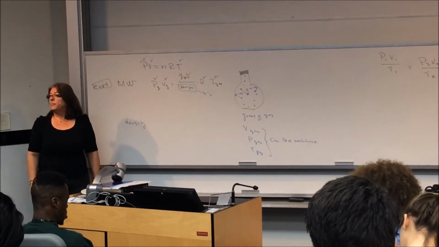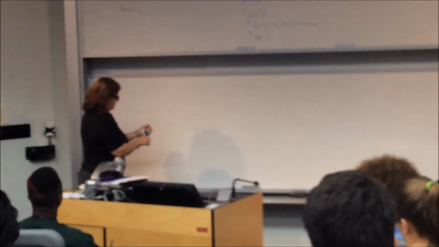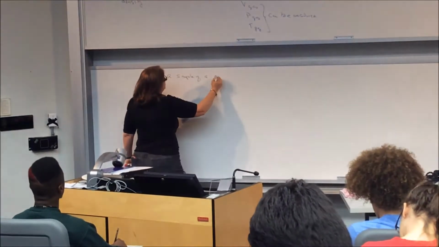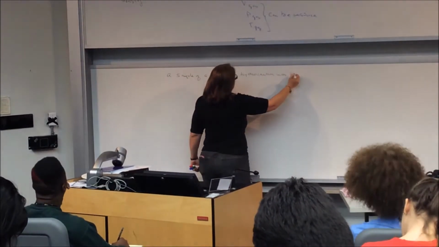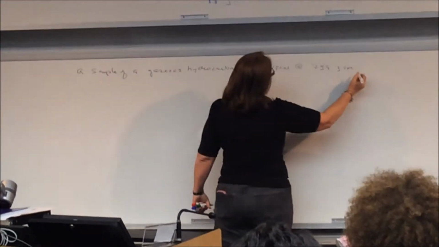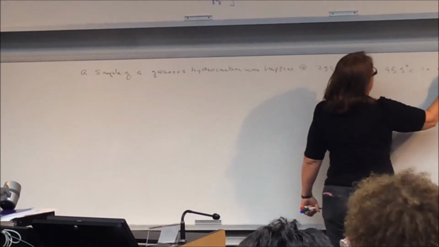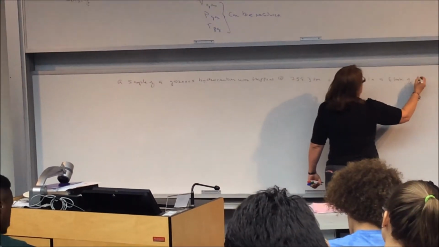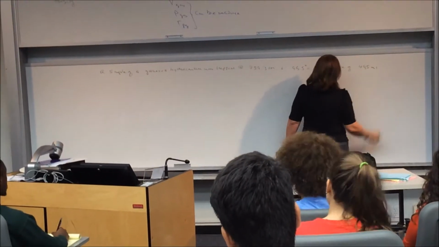That's exactly right. Let's write up a problem. A sample of a gaseous hydrocarbon was trapped at 759.3 torr and 95.5 degrees centigrade in a flask of 495 milliliters.